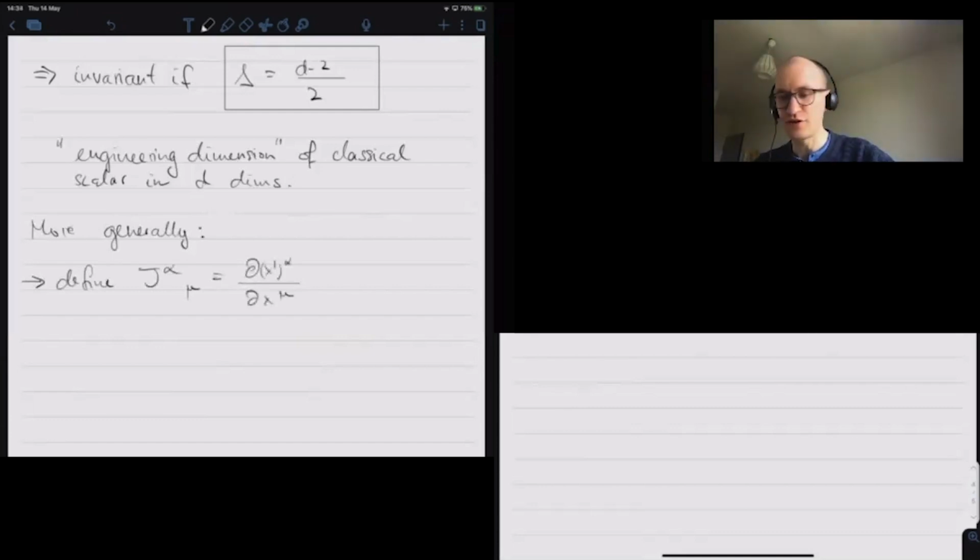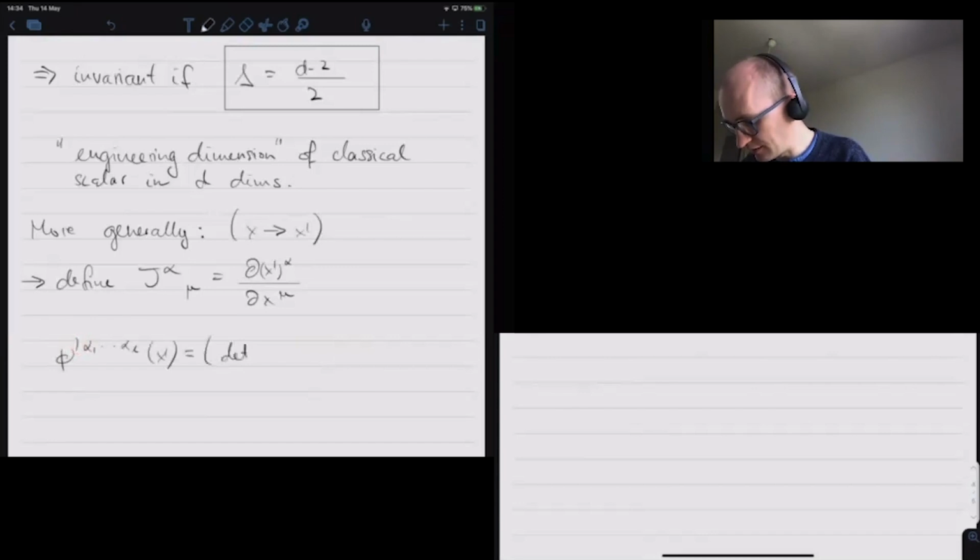Okay, so the change of coordinates more generally, I'm still changing x to x primed, of course. Then if we have a field that carries Lorentz indices, so let's say alpha 1 up to alpha L of x primed, so the transformed field phi primed, okay, this changes as the determinant of this thing to the minus delta over d.